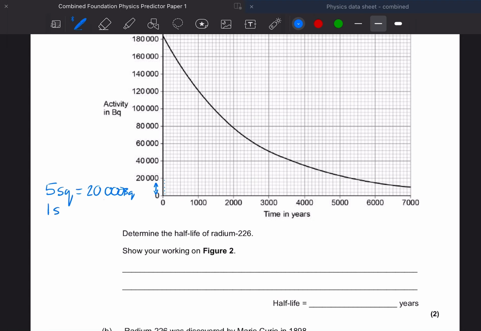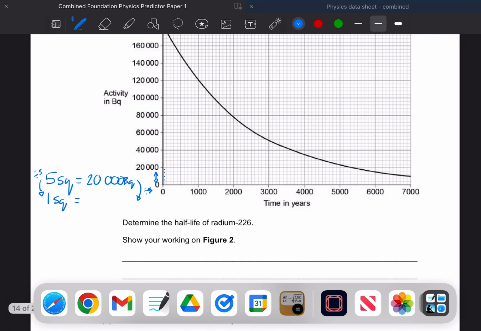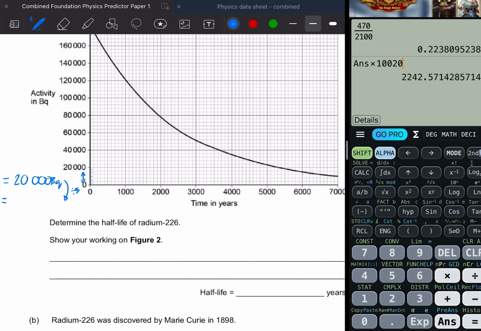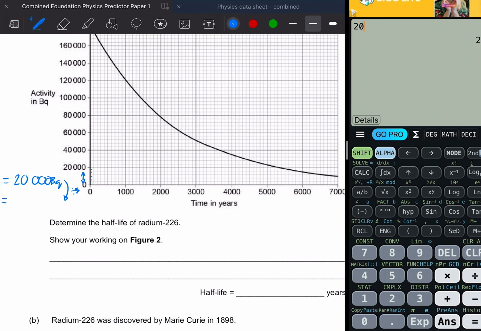So let's figure out what 1 square is worth. What I did to get from 5 to 1 is I divided by 5, so we do the same thing over here: 20,000 divided by 5.